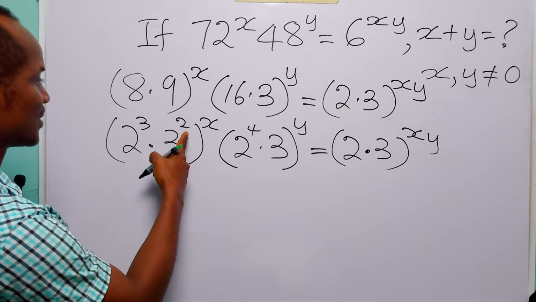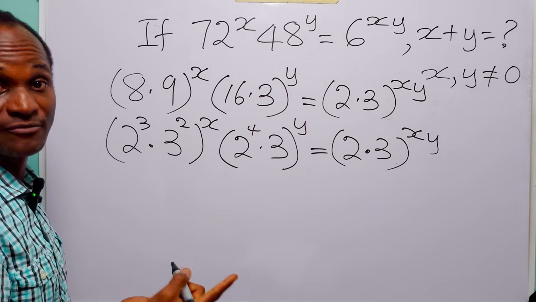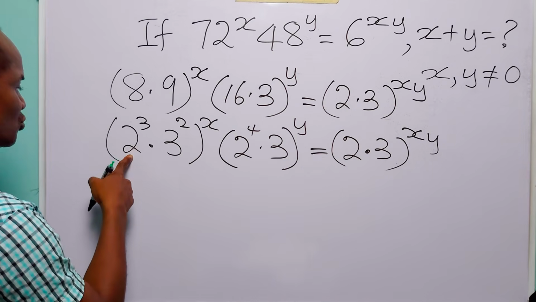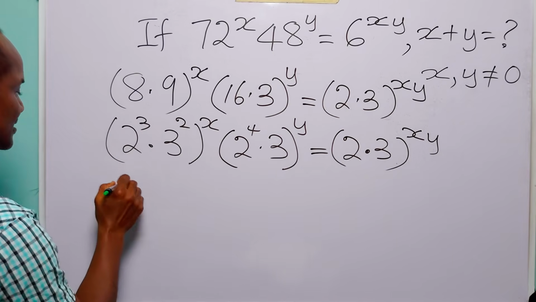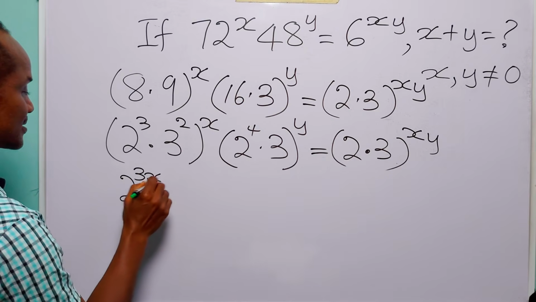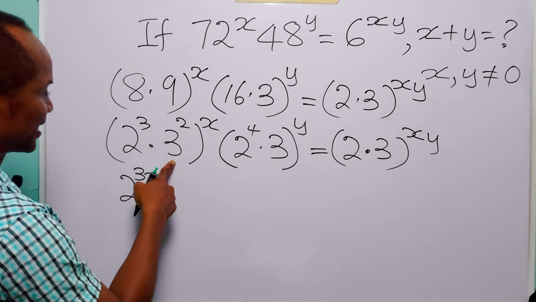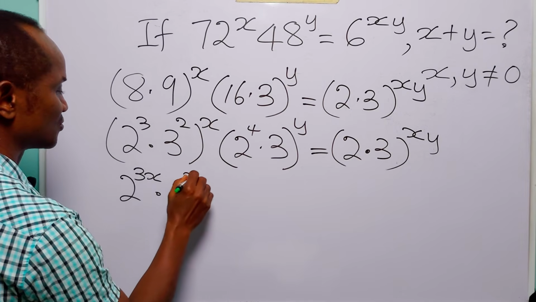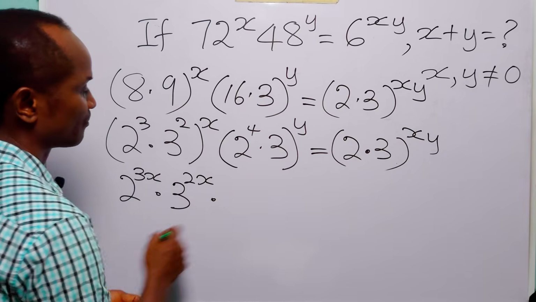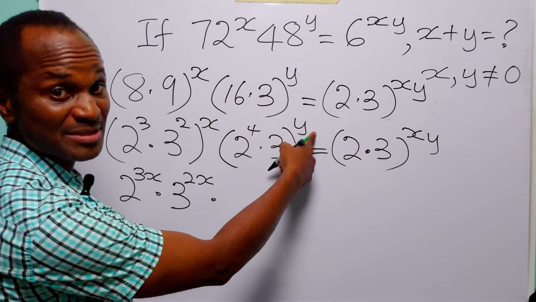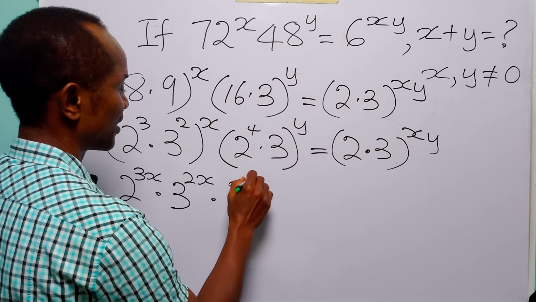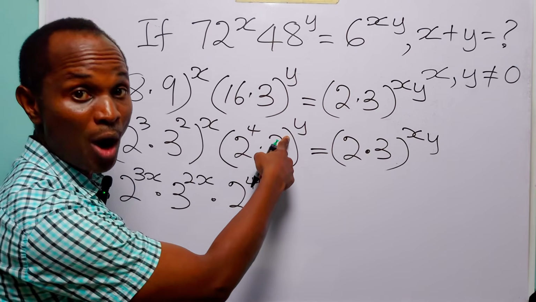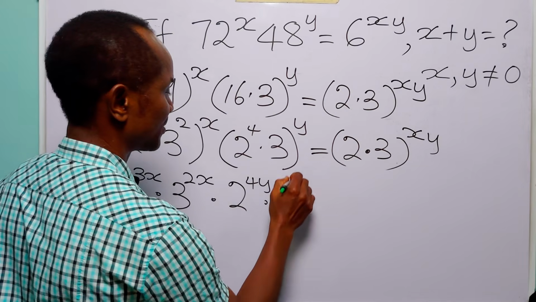Now, of course, you know that when we have a situation like this, all we have to do is to multiply the exponents. So to open this bracket, we have 2 to the power 3 times x, that is 2 to the power 3x, multiplied by 3 to the power 2 times x, that is 3 to the power 2x, multiplied by 2 to the power 4 times y, that is 2 to the power 4y, multiplied by 3 to the power 1 times y, that is 3 to the power y.